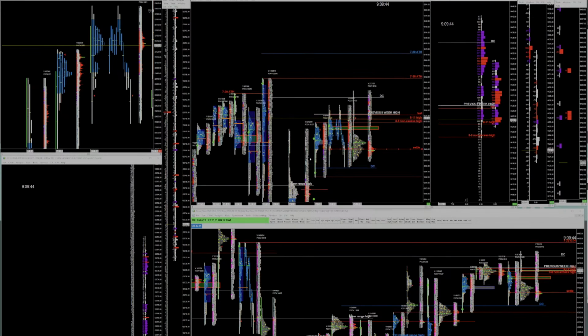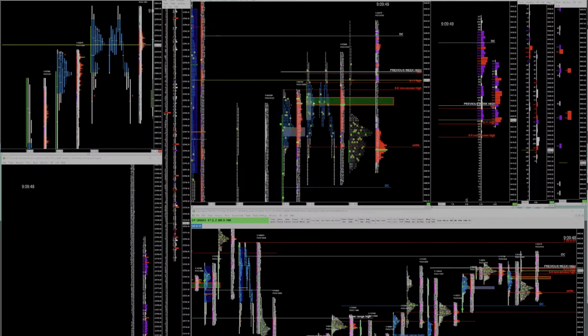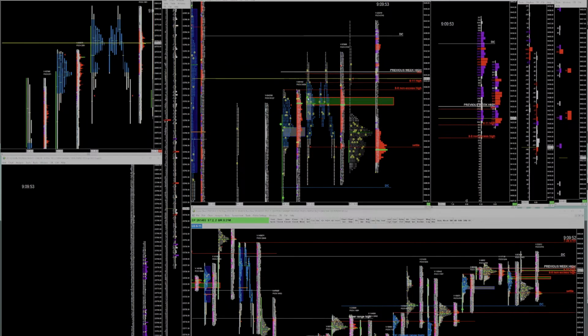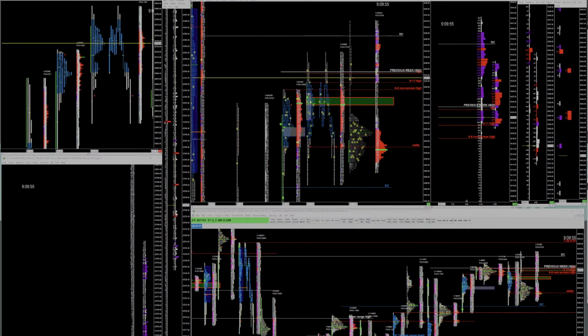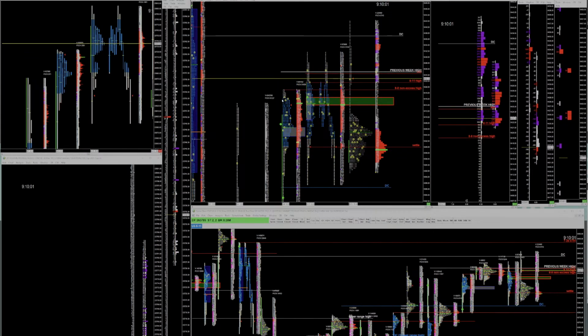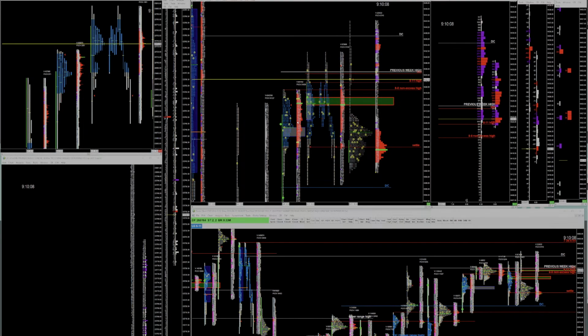As you can see here, this is the original value during the first three or four periods. Value never moved lower, not even inside this value, and that is an indication of short-term strength in this market.